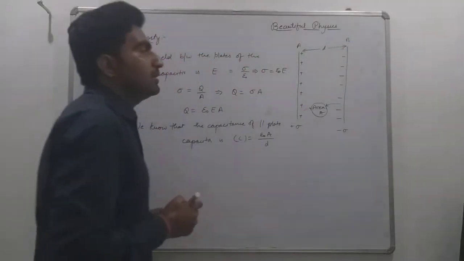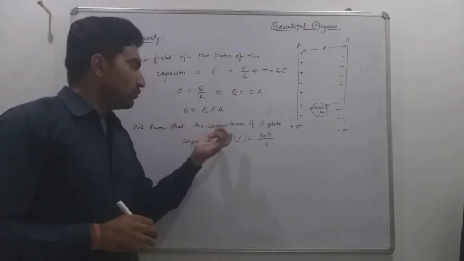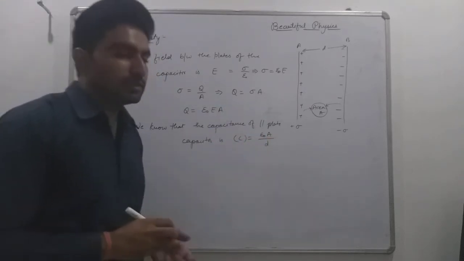The capacitance of a parallel plate capacitor is epsilon naught A by D. We already derived this relation.